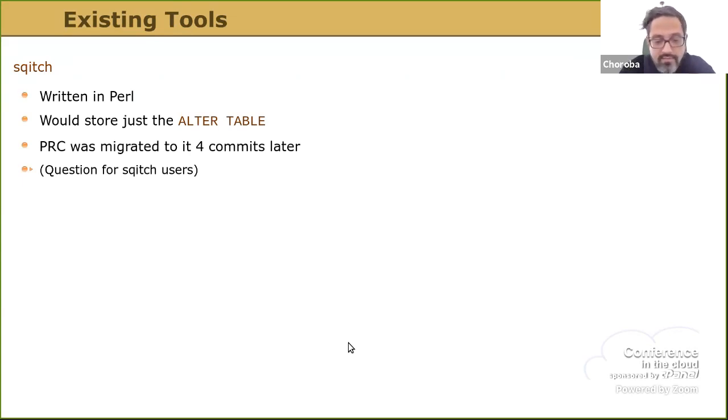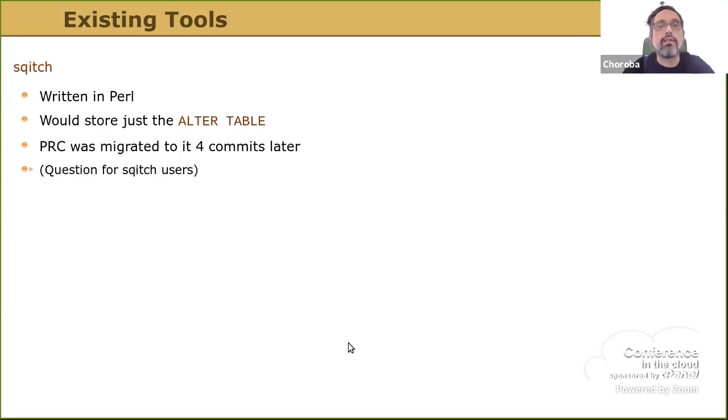So this is something that happens quite often if you work with databases. So there exist tools to help you with that. One example is Sqitch. It's written in Perl. It would store the initial state of the database and then a sequence of these alter tables or other statements that must run to bring the app up to date.